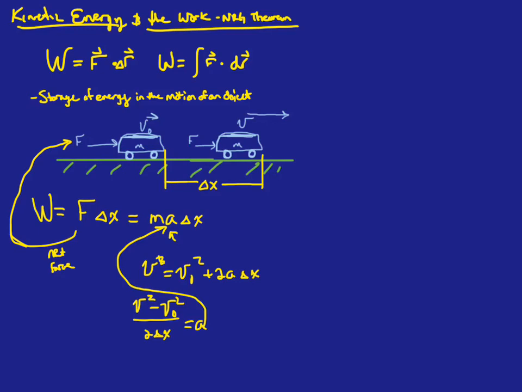Well, our work is going to equal our mass times our acceleration, v squared minus v naught squared over 2 delta x, times delta x.